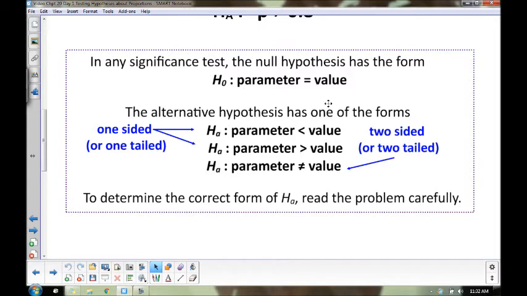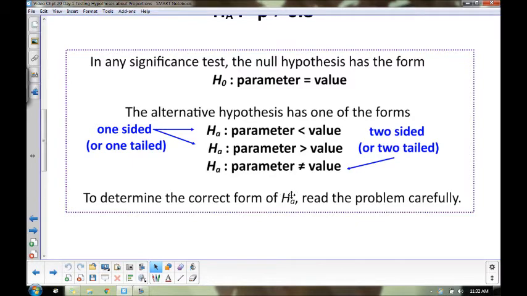is whatever would bother you the most. Sometimes it is a one-sided or one-tailed test, saying, you know what, whatever their claim is, I'm not saying that the parameter is just not equal to, but only worries me when it's less than, or when the truth is that it's actually greater than. It's called two-sided or two-tailed when the parameter is not equal to the value.